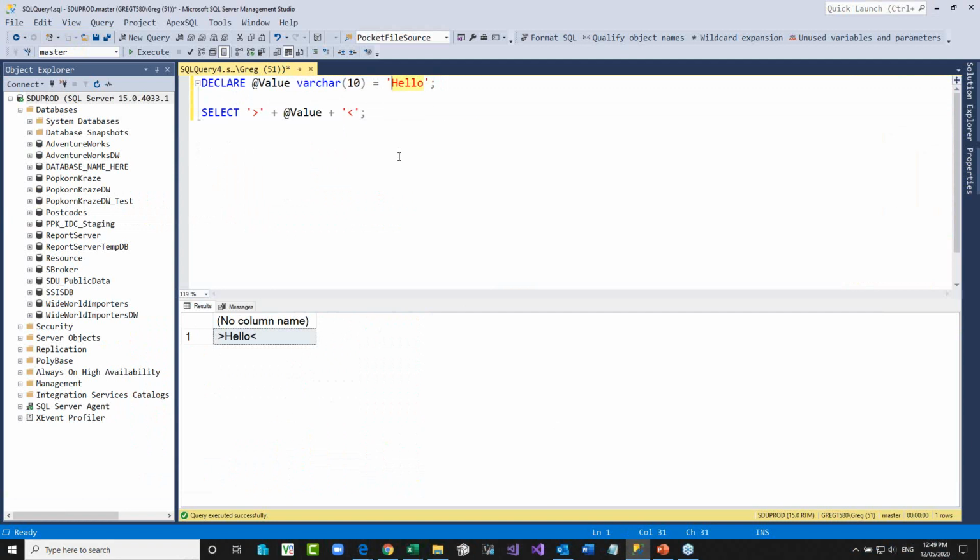The question is, how many different characters do you need to be able to store characters from every language? They had a project back in the 1980s where they looked at that, and the answer was 3 bytes. So you actually needed 3 bytes to store any character from any language.